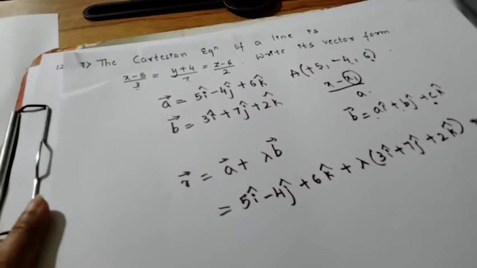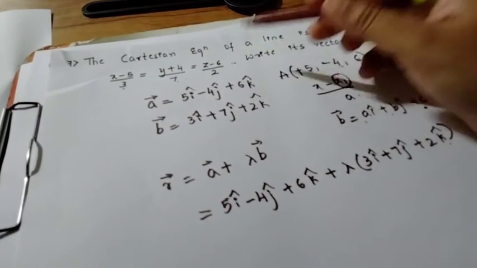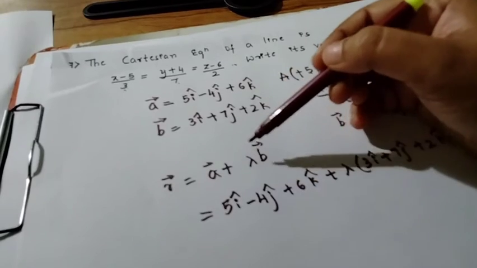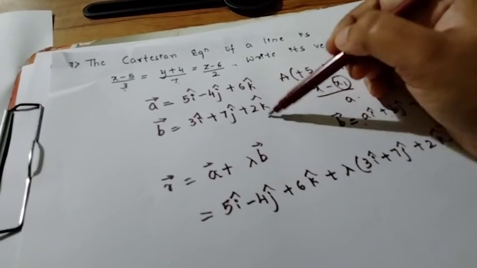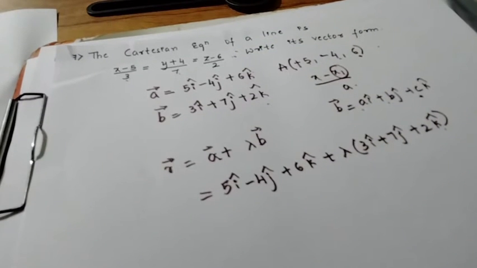So this is the vector form. The given equation is in Cartesian form, and you have to represent it in vector form. The formula for vector form is a plus lambda times b. First you have to derive the two vectors a and b from the given equation. Okay, this is the 7th example.